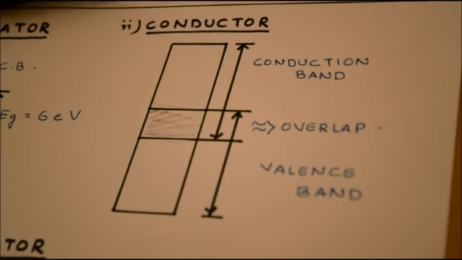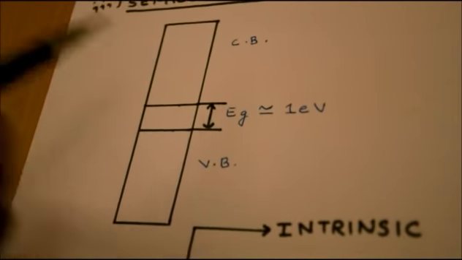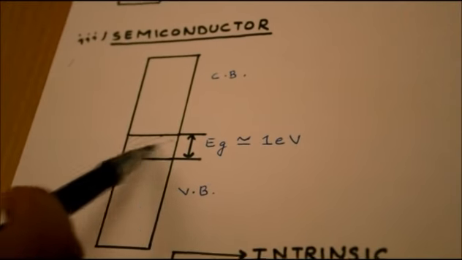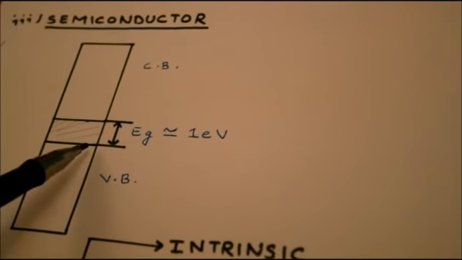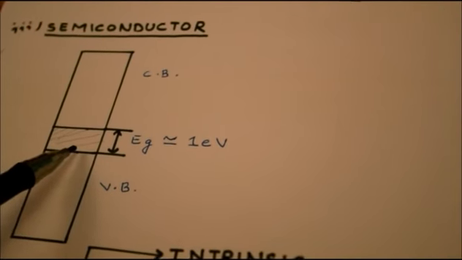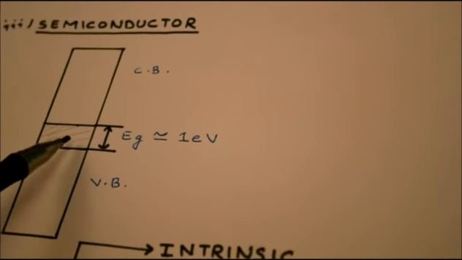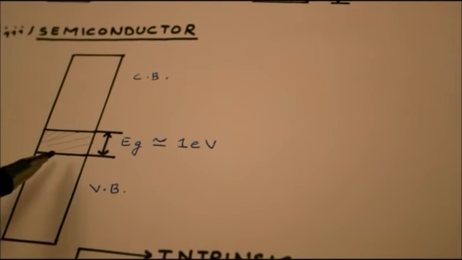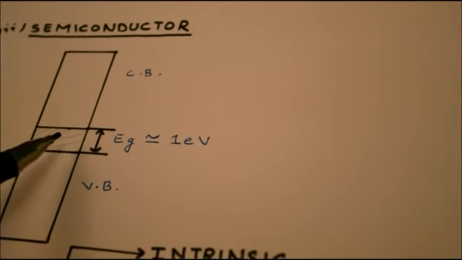And then we shift to semiconductors. In the semiconductor there is the conduction band, the valence band, and a small energy gap Eg, which is nearly 1 electron volt. This energy is very small, and at normal room temperature of 25 degrees Celsius, some of the electrons gain enough energy to jump from the valence band to the conduction band, and hence it can conduct.